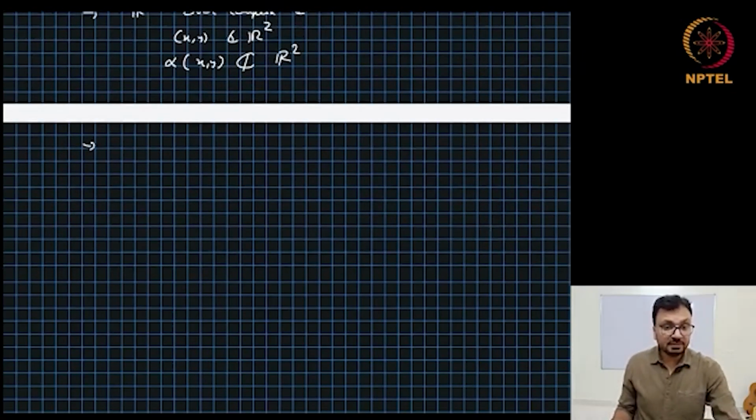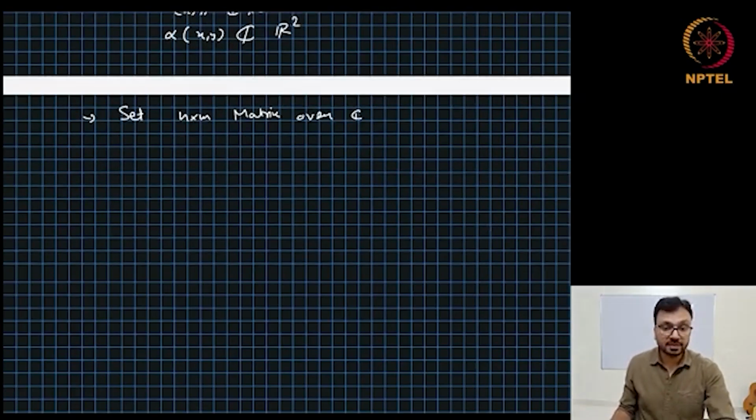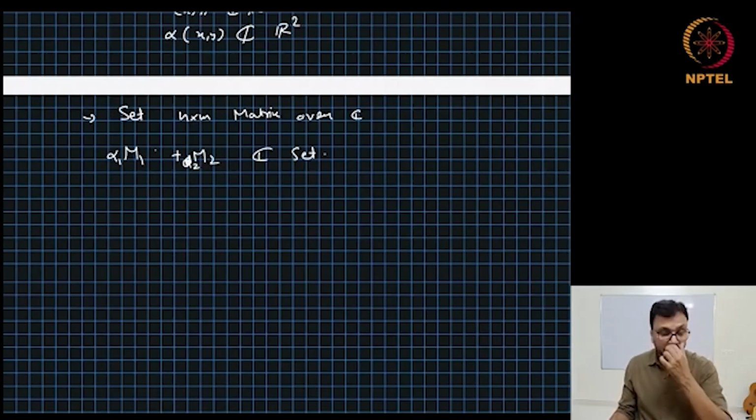Another example which will be very useful for us is the set of all n by m complex matrices over the complex field, which is also a vector space. If we take matrices M1 and M2 from this set, then M1 plus M2 will also be an n by m complex matrix. If we multiply with alpha 1 and alpha 2, then also it's from the same set.